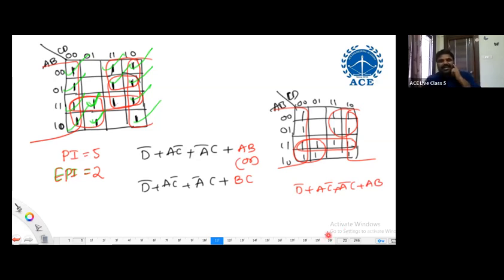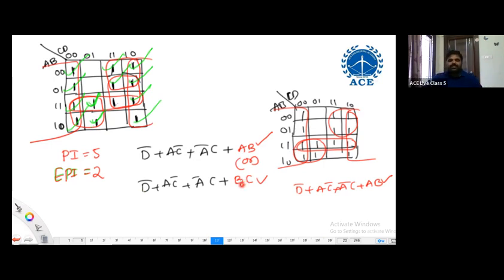But in competitive exams, this may be given in the options. Which one is correct? Both are correct. Yes, you are getting this answer. But if luck is not in our favor, then the option may be given as the other one. Or the question may ask for the number of minimal expressions of the following function.